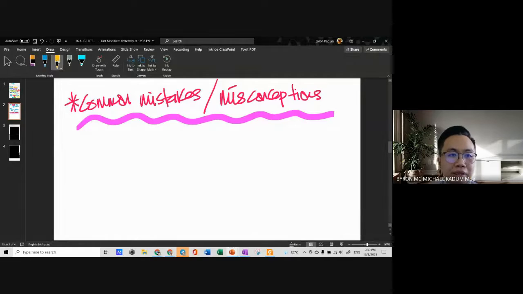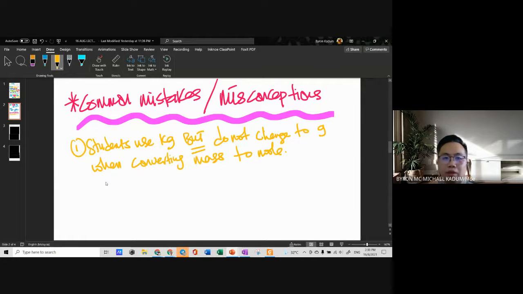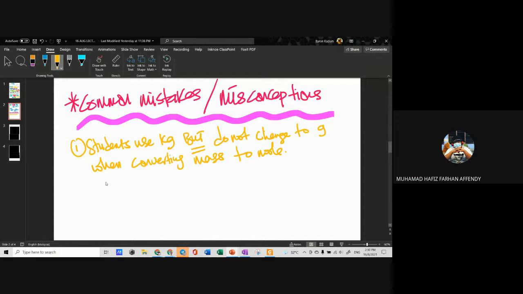One of the common mistakes is when, number one, when students use kg, but do not change to gram when converting mass to mole. So this is very common mistakes when we present these questions to students.